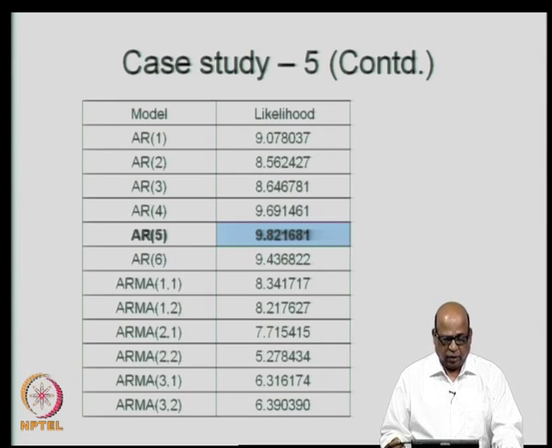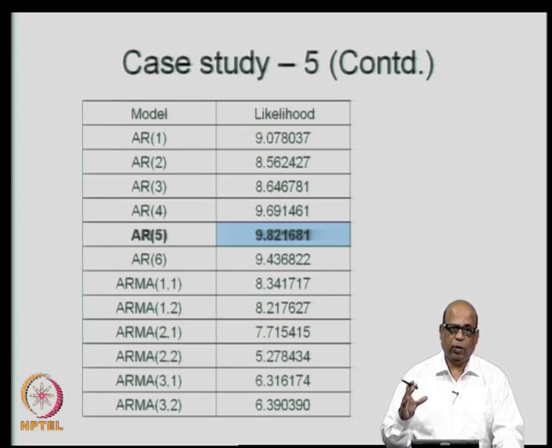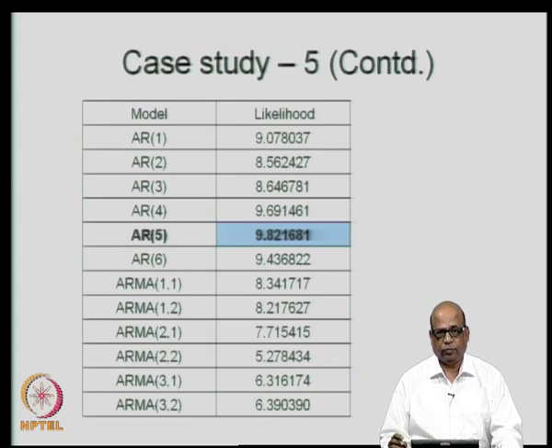Then we will see again, like we did for the earlier case studies, we formulate a number of candidate models. Now, the correlogram indicates that it is decaying either in a sinusoidal way or in an exponential manner. The correlogram may be decaying, and there may be 1 or 2 significant partial autocorrelations.